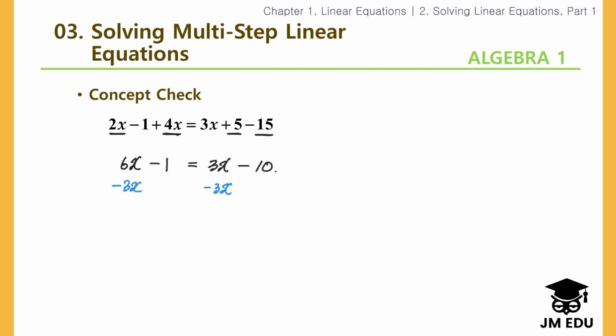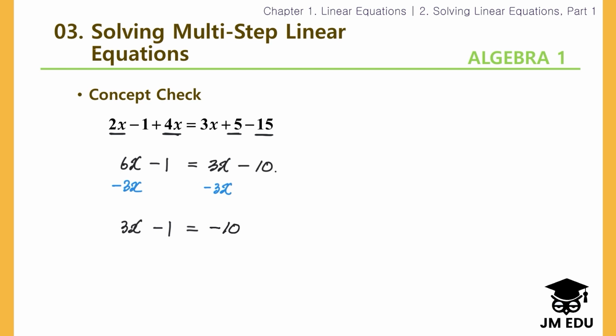So that's going to be 6x minus 3x, that's 3x minus 1, is equal to, here 3x minus 3x, that's 0. So what we have on the right-hand side is only negative 10, right?